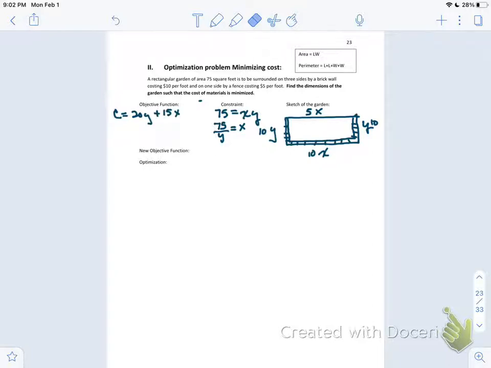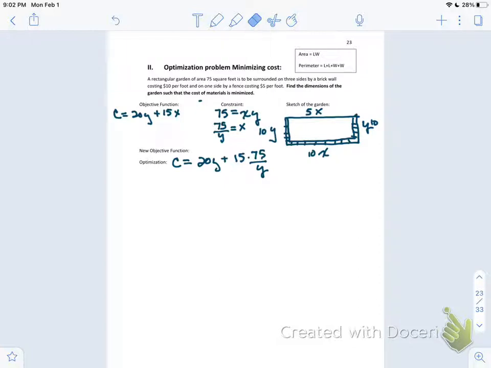Okay, so the problem is I have two variables. So let's replace the x, and we'll have everything in terms of y. So my new objective function is going to be cost equals 20y plus 15 times 75 over y. Okay, so how does that go?